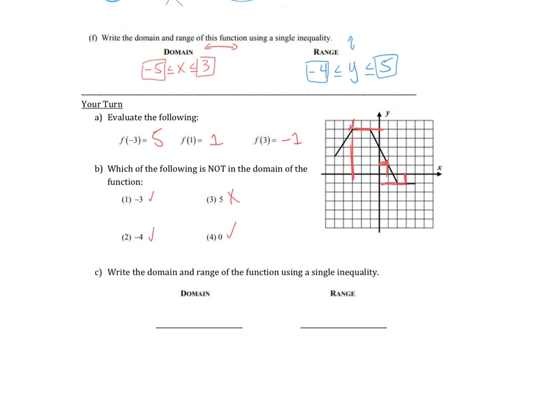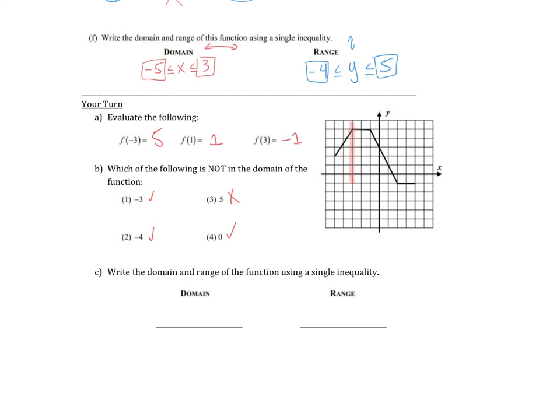All right, for part B, it says which of the following is not in the domain of the function. Again, you're checking each part. So f of negative 3, I'm going on my x value to negative 3. Yep, that's good because it crosses right here.